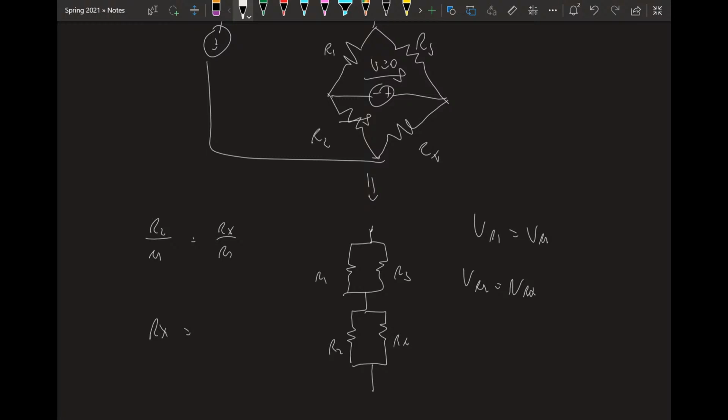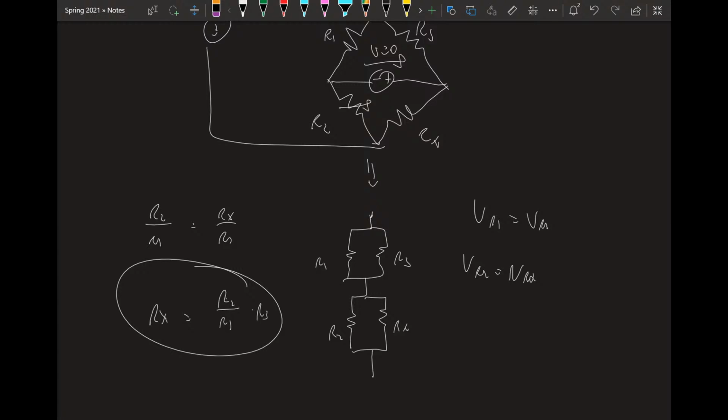I don't really know what problems you would solve over it. This is how a Wheatstone bridge works, and the whole point is to sense currents going through it. I don't have my textbook on me, so I can't just pull out Wheatstone bridge problems. But this is all I know about the Wheatstone bridge.